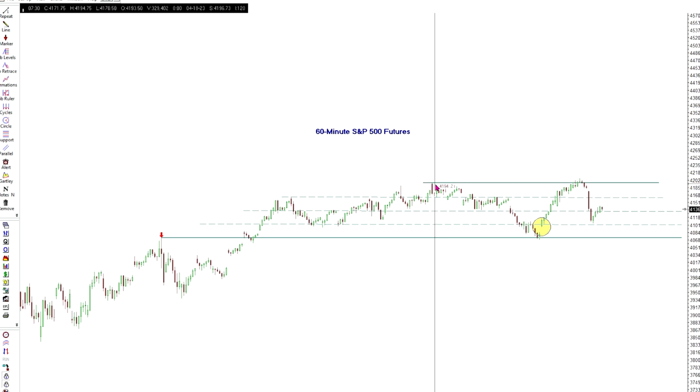It did trade a bit above this high here. That 4,200 level has been an area that the S&P has been trying to get through, but so far it has not really closed above this range. And then today we saw a gap to the downside, and the market sliding back down and finding support right around this area.